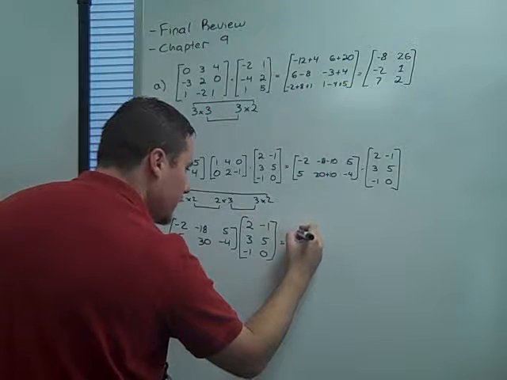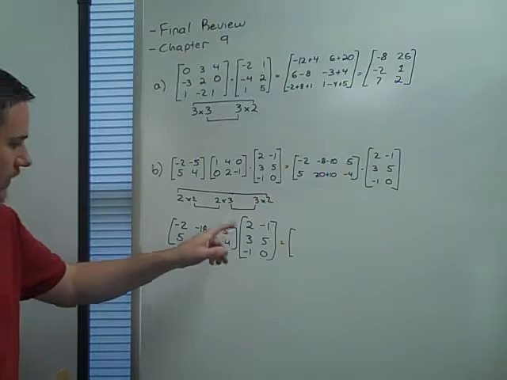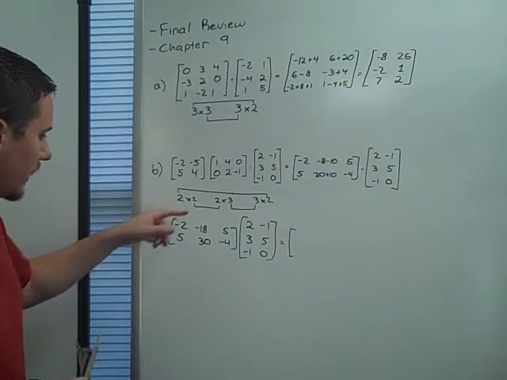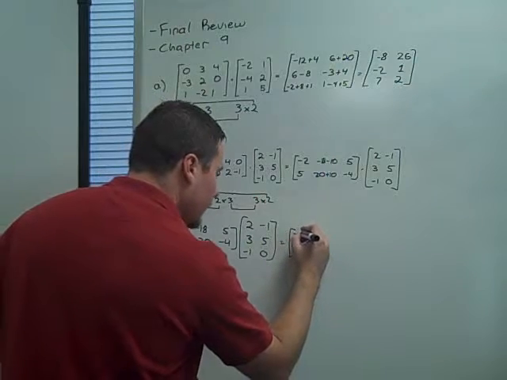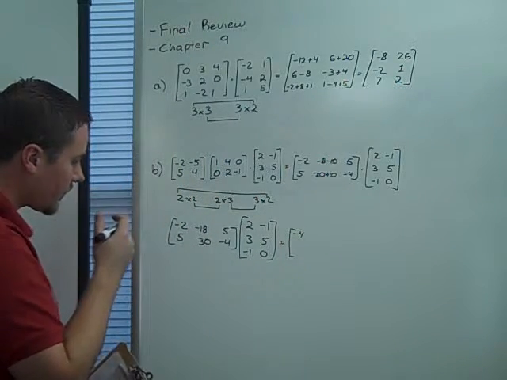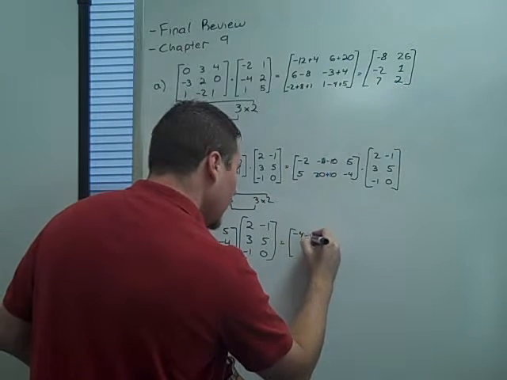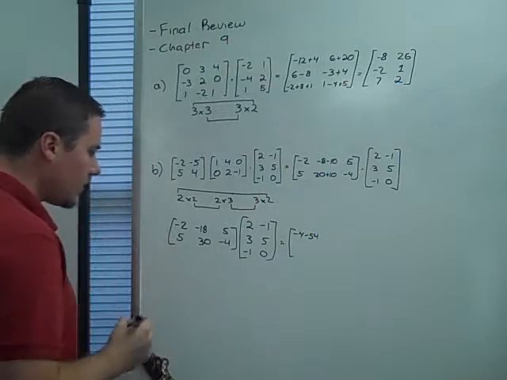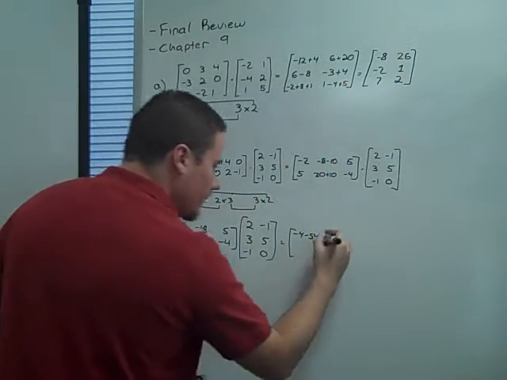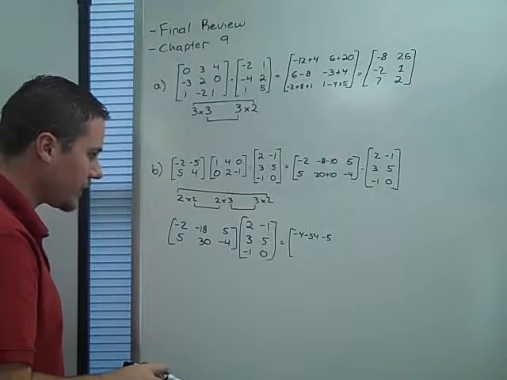So this is going to be a 2 by 2, as I said, because it's a 2 by 3 and a 3 by 2. So negative 2 times 2 is going to be negative 4. Negative 18 times 3 is going to be negative 54, if I'm not mistaken. 5 times negative 1 is going to be negative 5. So that's that one entry.